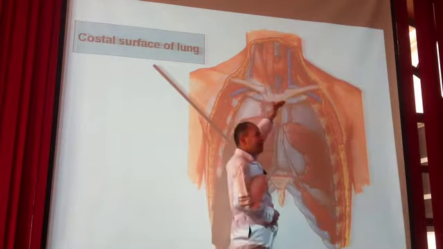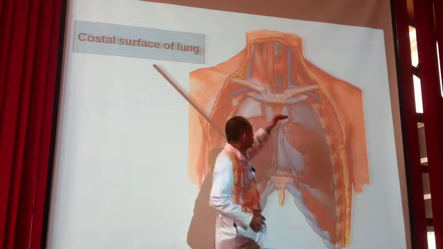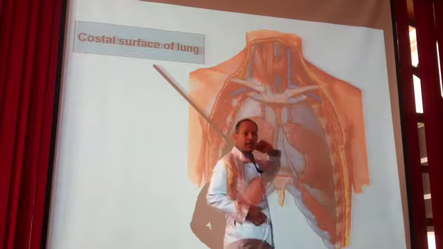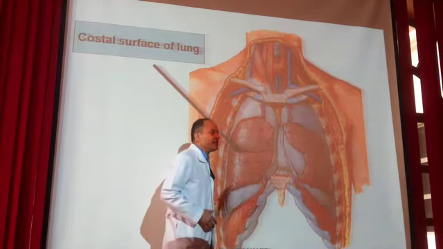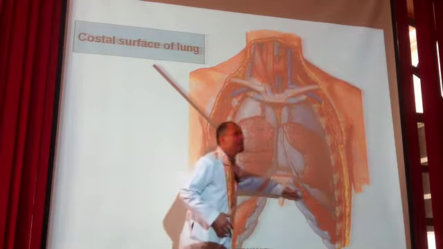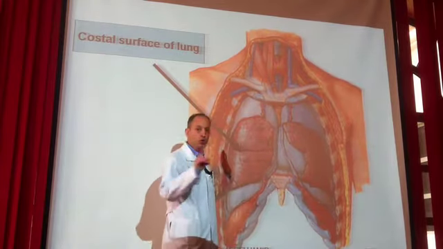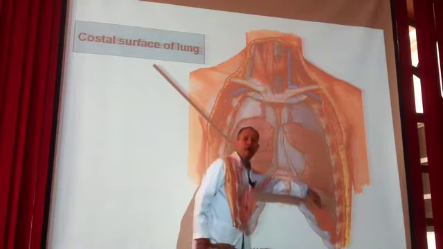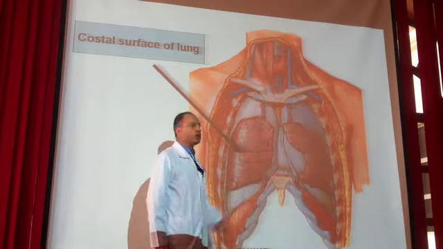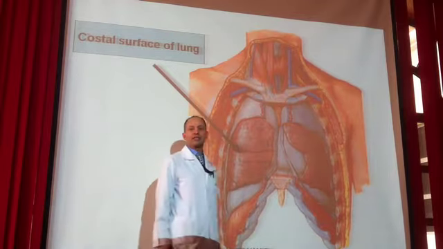What is the inlet? It's the upper one, which connects the thorax with the neck. What about the outlet? Which is semi-separated, not totally, from the abdominal cavity by diaphragm. So this is inlet and this is outlet.